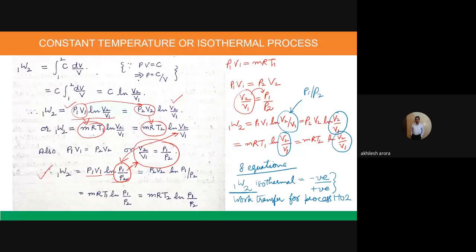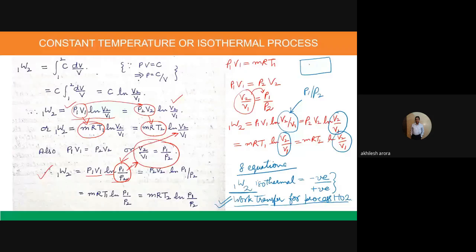So this terminology doesn't tell me whether the work is done on the system or it is done by the system. I hope you remember the sign convention for the work. Now let us see it here.